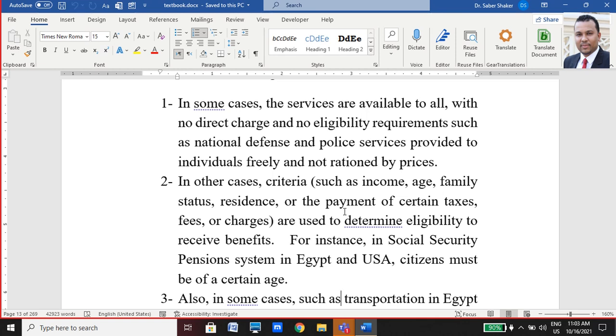To benefit from this program, there may be a minimum age requirement, the family status, the residence, the minimum level of monthly income, and so on. So if you meet the conditions, you can benefit from this program. In this case, we talk about semi-public goods and services, not pure.